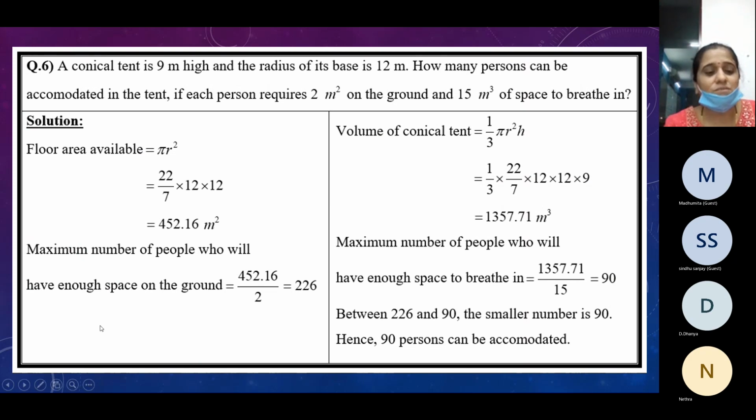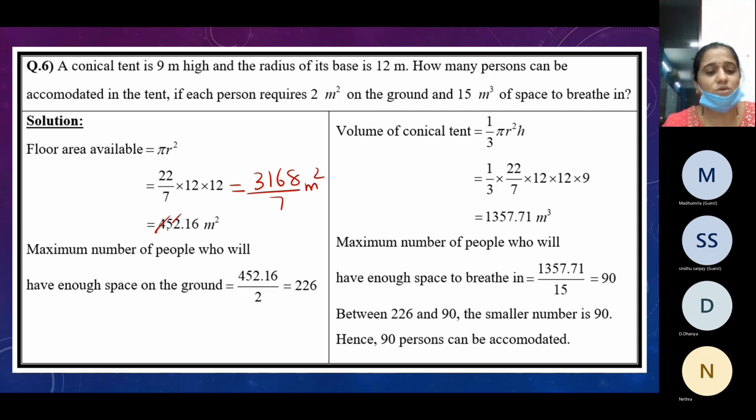So let me make some corrections in the slide, or I'll do it here itself so that you know it. Don't find the decimal value. Have it as 3168 by 7 meter square itself.